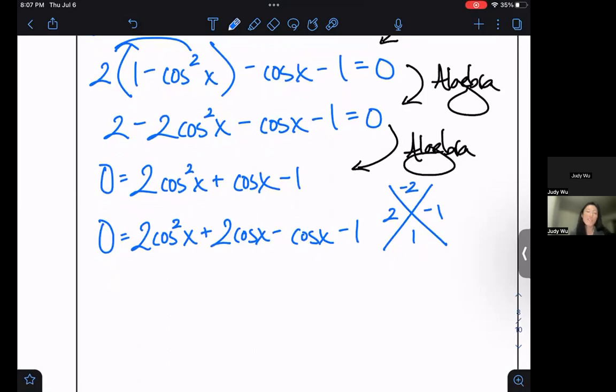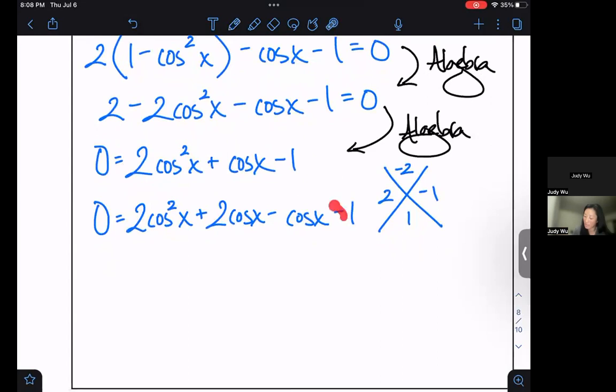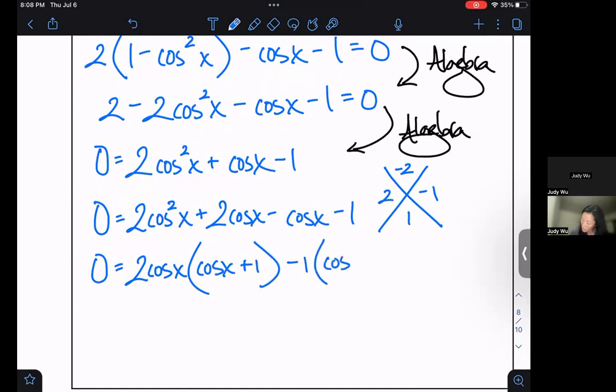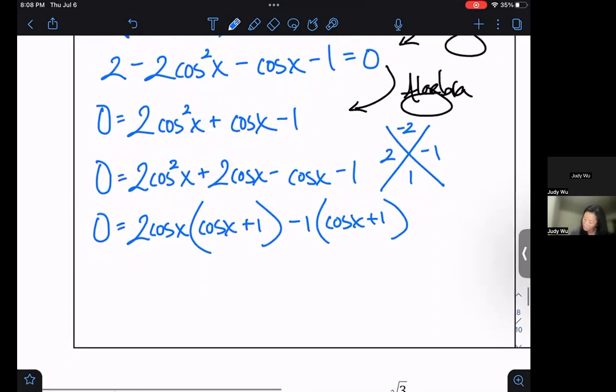Okay, I could change all the cosines to u if I wanted to, but part of this is also like helping us grow up a little bit in the way that we think about our math, that we can actually handle this with the u substitution in our brain, but not necessarily writing it out. Okay, now we factor by grouping. So I can take a 2 cosine x out, and I'm left with cosine x plus 1, minus 1 times cosine x plus 1.